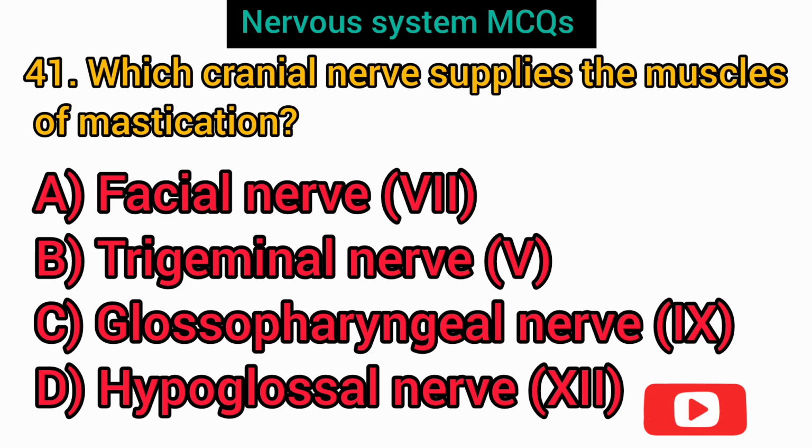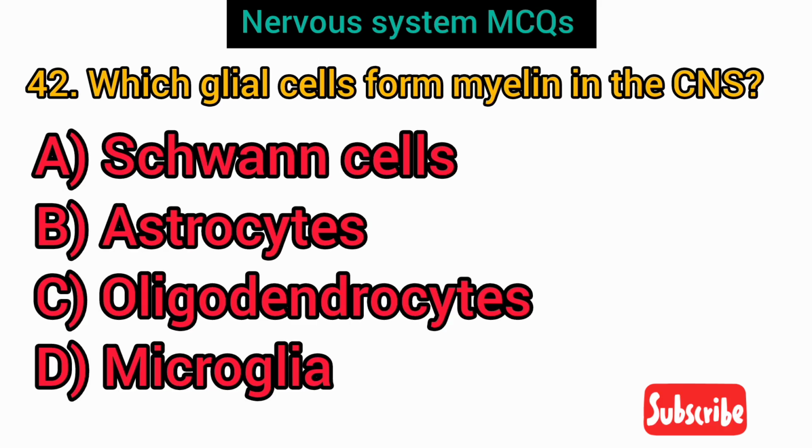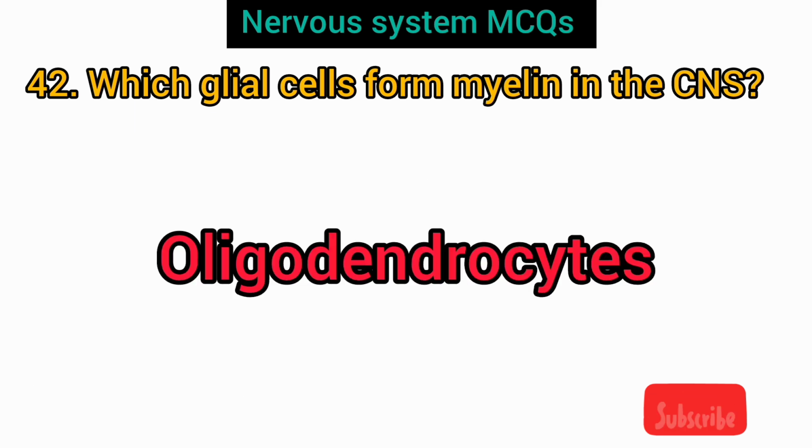Which cranial nerve supplies the muscles of mastication? Trigeminal nerve 5. Which glial cells form myelin in the CNS? Oligodendrocytes.